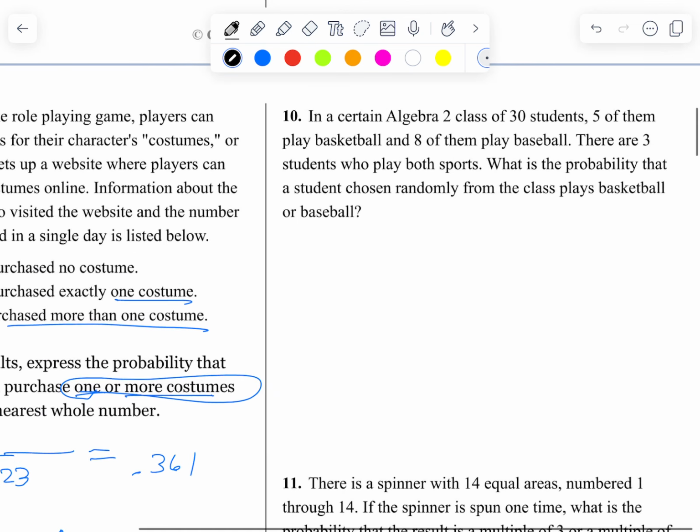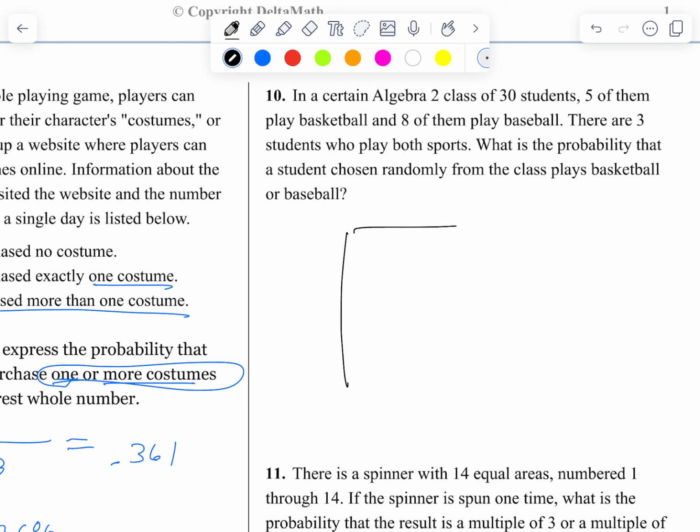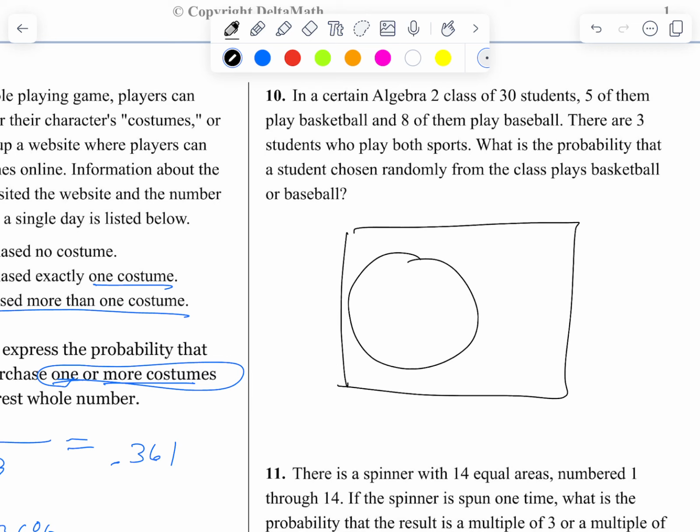So in this one, I'm probably going to make a Venn diagram just to get a picture. I'm a visual learner, and it's hard to understand what they're saying. So I'm just going to label this circle baseball, like that circle blue. And then I'll make this one pink for basketball.